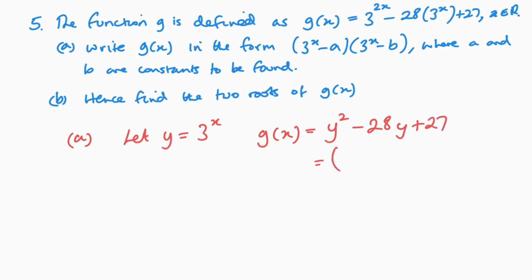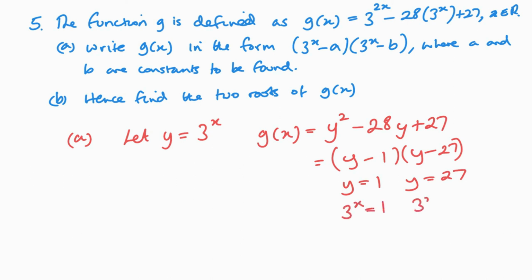Okay, this then makes this really easy to solve. It's got to be 1 and 27, and they're both negative. That means that y is equal to 1 or y equals 27. Then substituting back in, we get 3 to the x equals 1 and 3 to the x equals 27.